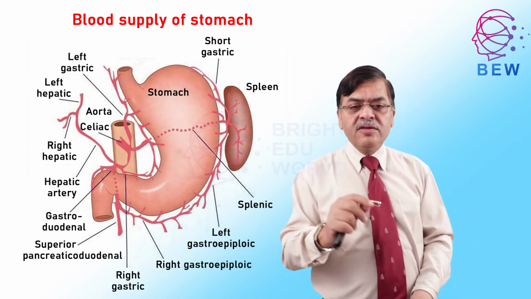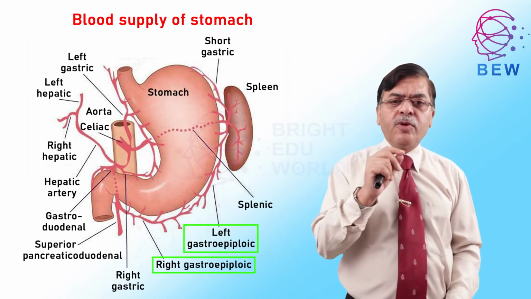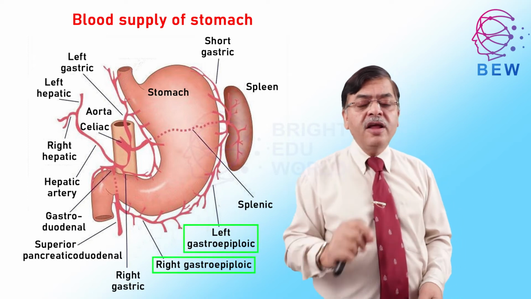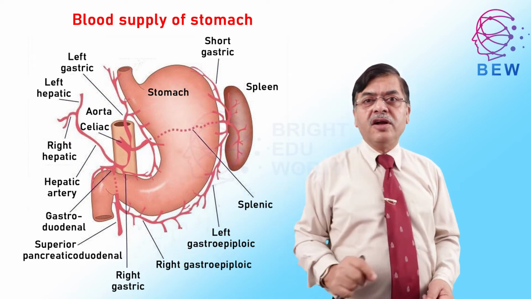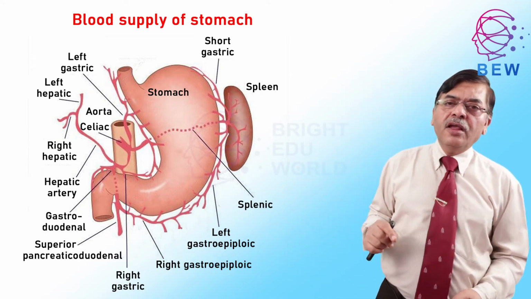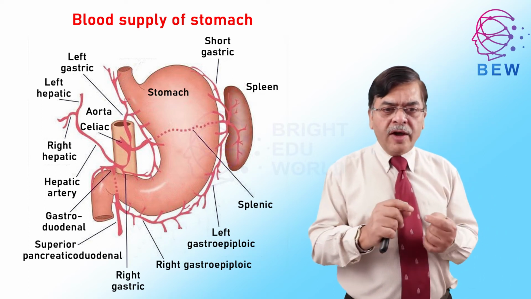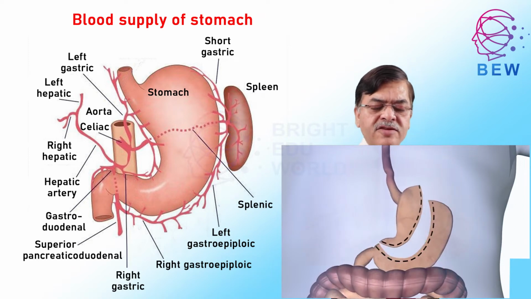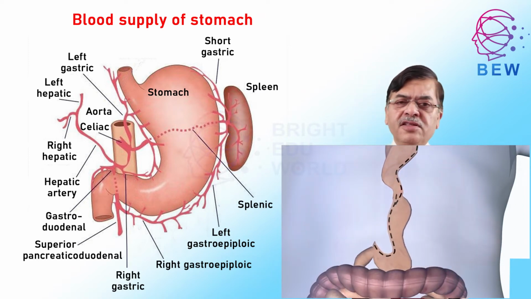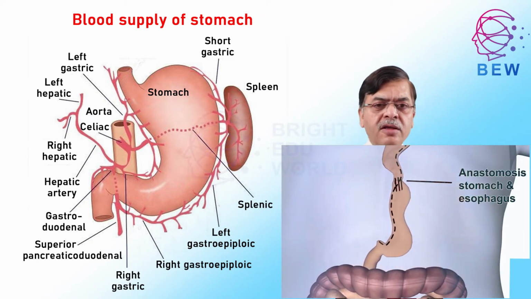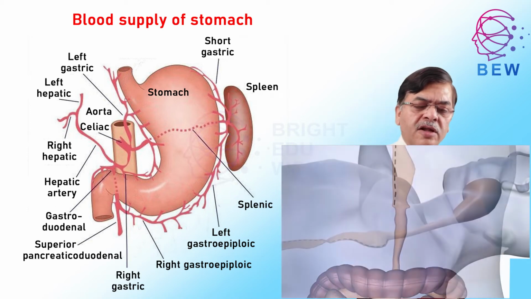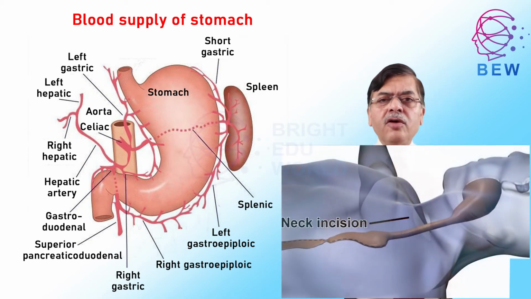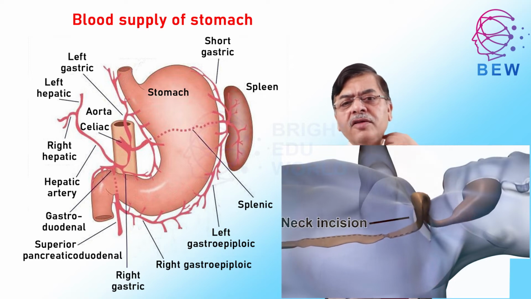What is the importance of the gastroepiploic? It is a very important artery, though not a very thick artery. What is the importance? In those operations where you have to mobilize the stomach and make a gastric tube to replace the esophagus, you have to make the stomach into a thinner tube, and then you have to take it through the hiatus into the neck.